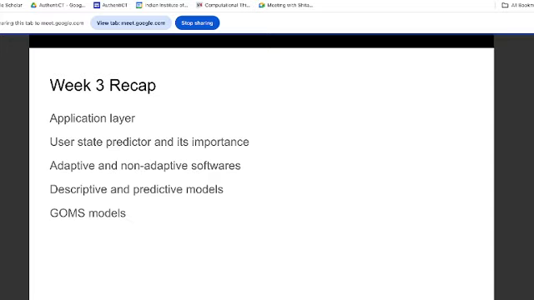There is also one interesting video about the CMN GOMS model, so I would encourage everyone to go over that video as well. This assignment focused mainly on the KLM model, so that's why I have covered the KLM model in this presentation.